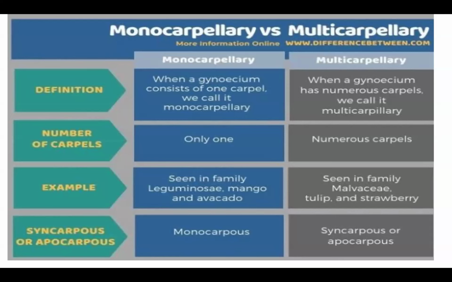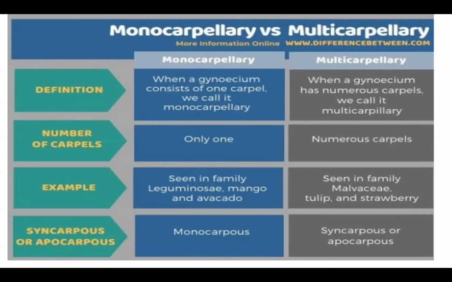The number of carpels in monocarpellary is only one, and there are numerous carpels in multicarpellary. Examples of monocarpellary are seen in the leguminous family, mango, avocado. So you have seen that there's only one seed inside, only one fruit that you are able to get. So there is only one ovary, hence I can always say that it is monocarpellary, and they are monocarpous in nature.